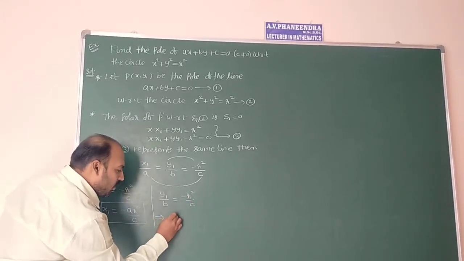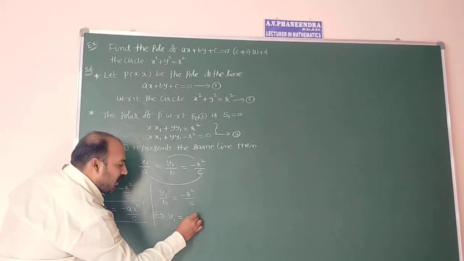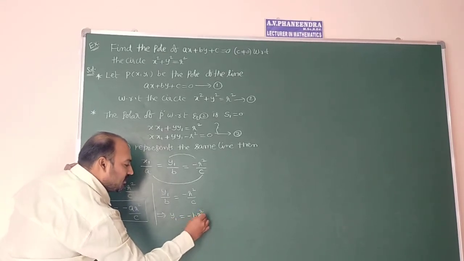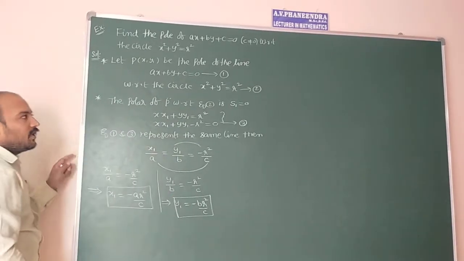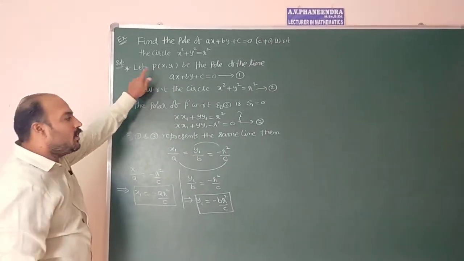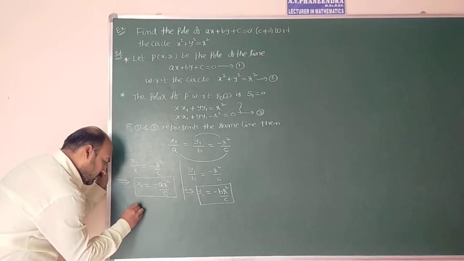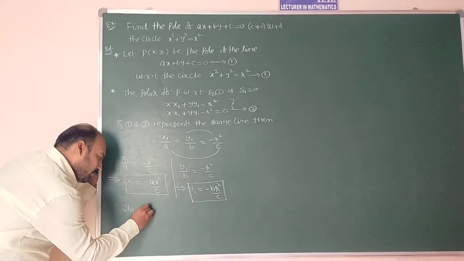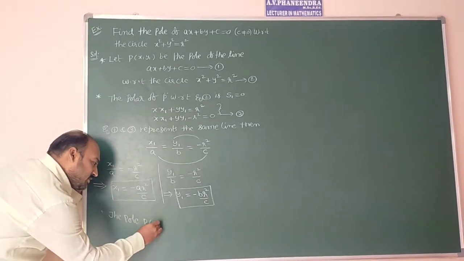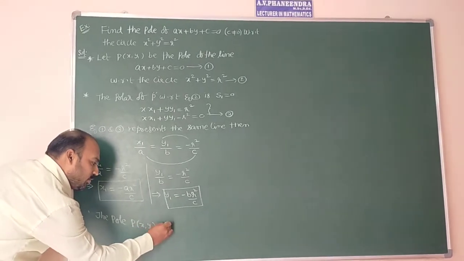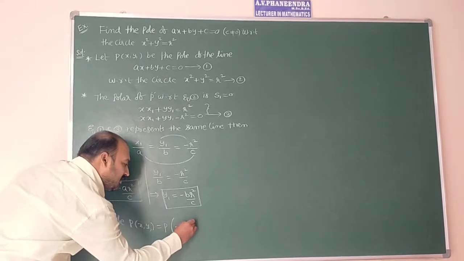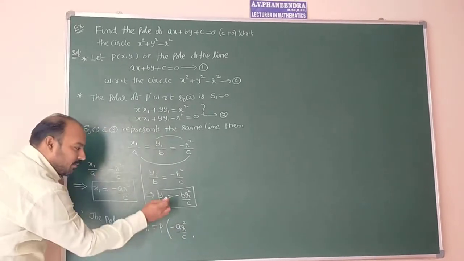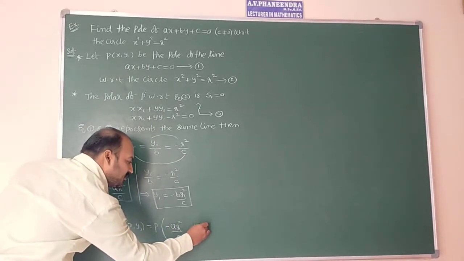That implies y1 is equal to minus b r square by c. Therefore, the required pole P of x1 comma y1 is equal to P of minus a r square by c comma minus b r square by c.